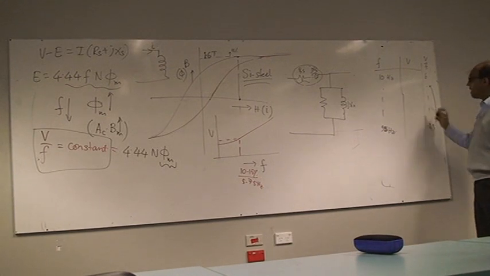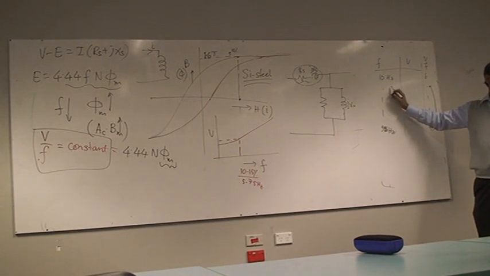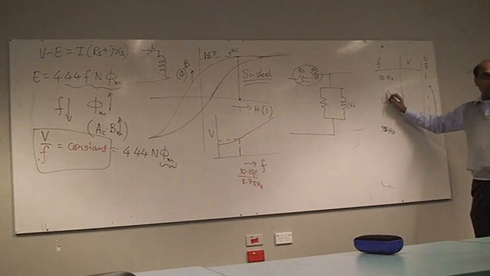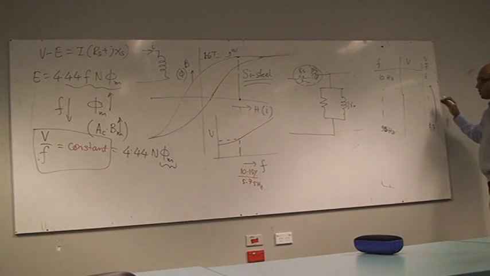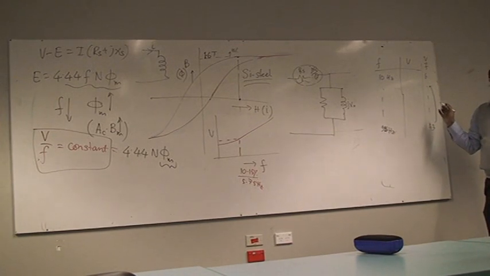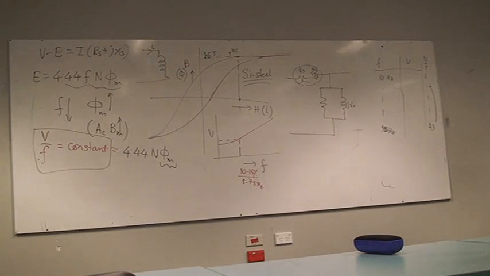The last two frequencies we tested were 50 and 55, and 55 gave 4.3. Was V by F increasing linearly or decreasing?